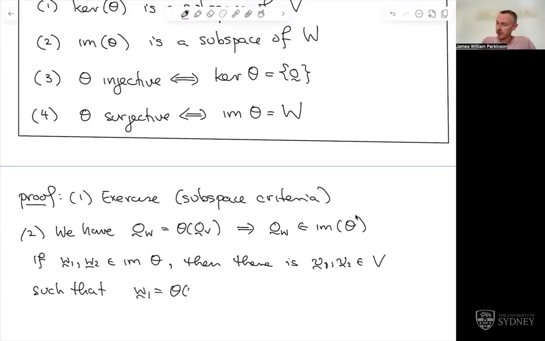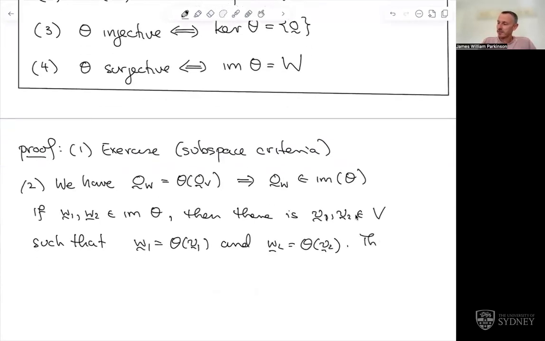w1 equals theta of v1 and w2 equals theta of v2. That's just the definition of being in the image. But then, maybe I'll just do this in one go, it could be a bit quicker: lambda w1 plus mu w2 equals lambda theta of v1 plus mu theta of v2.